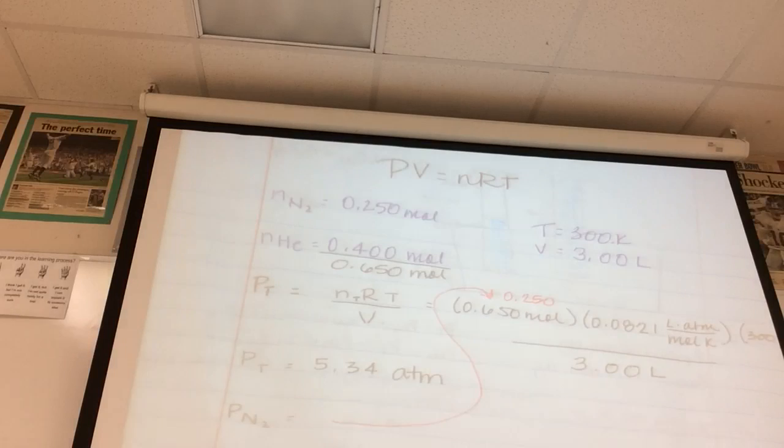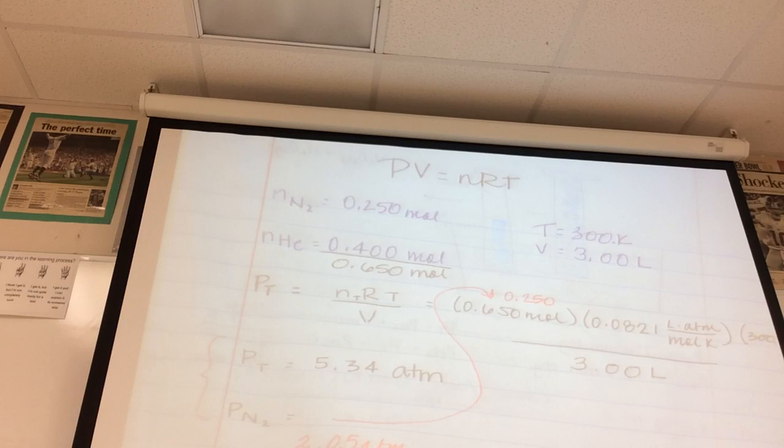Why would the pressure of nitrogen gas have to be less than the total pressure? Because it's a partial pressure. The total pressure is not only the pressure of nitrogen gas, but also the pressure of helium gas. Good.